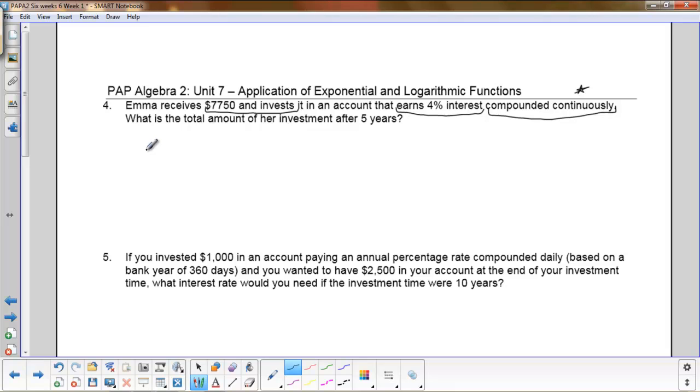So we need to know the total amount: $7,750 multiplied by e raised to the 0.04 power times t, which is 5. This one's a very simple problem because you just type it in exactly the way you see it in your calculator, and we get $9,465.87.